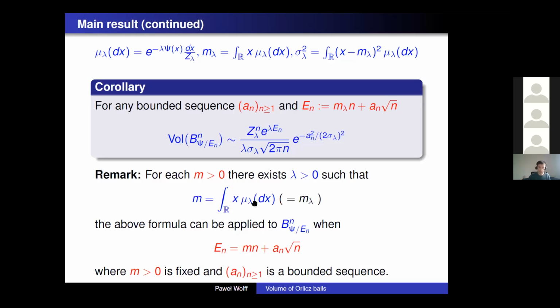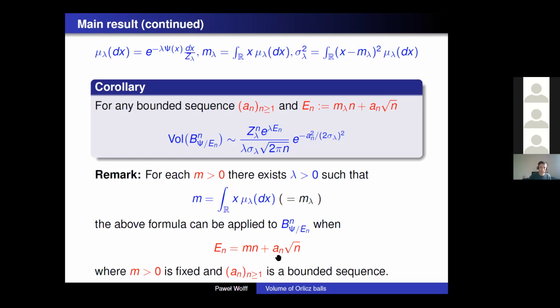So you can see the result in this way: you can consider a sequence of Orlicz balls all generated by function psi, but rescaled for the given dimension n by this number, which is proportional to the dimension with the proportion m that you choose a priori, and you are free to choose any positive number.